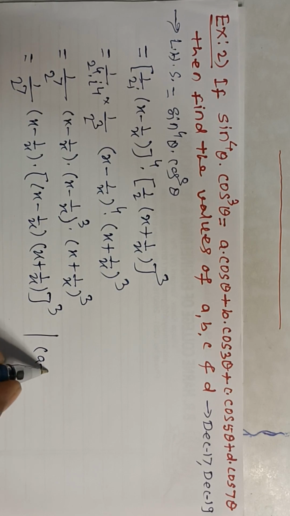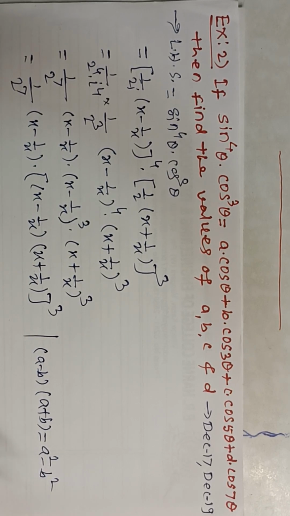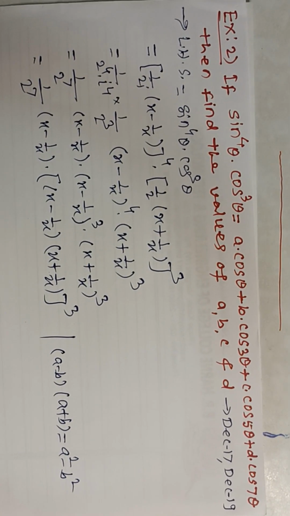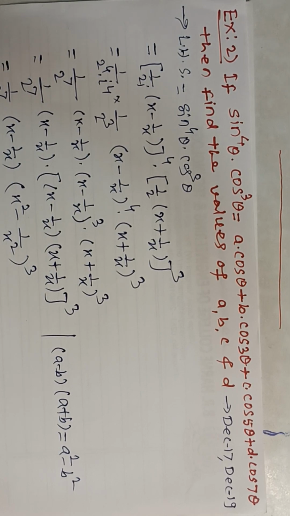Apply this formula. Then this can be written as 1 upon 2 to the power 7 (x minus 1 upon x) and then (x square minus 1 upon x square) to the power 3.